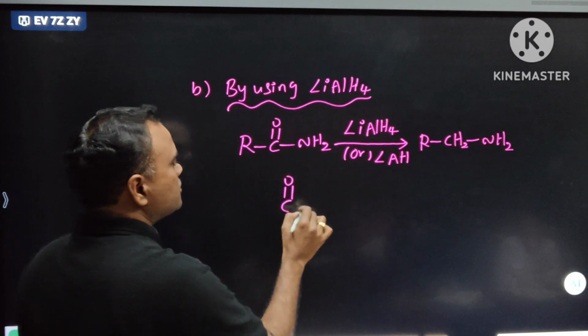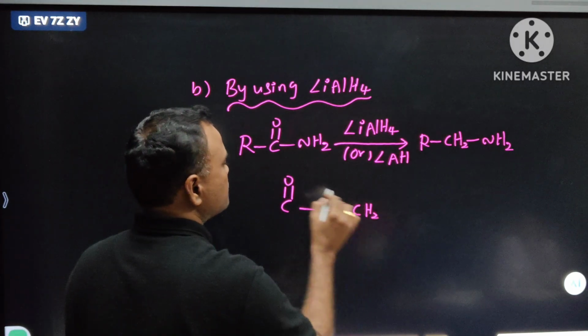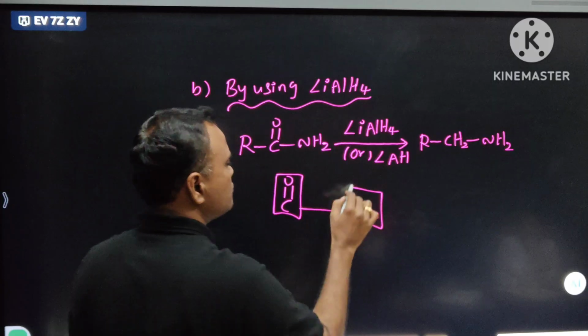The role of this reagent: C double bond O will be converted to CH2. In place of C double bond O, write CH2.